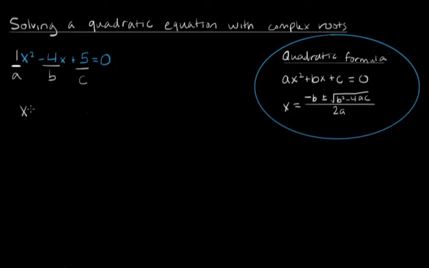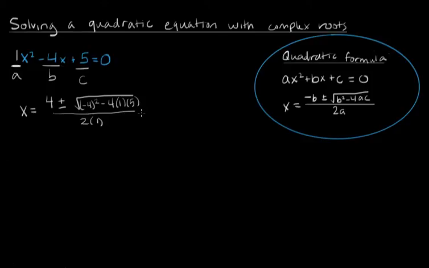So x equals negative b, so positive 4, plus or minus the square root of b squared, so negative 4 squared, minus 4 times a times c, all over 2a.